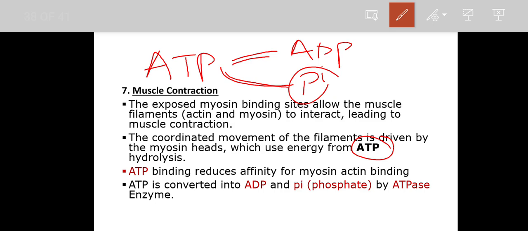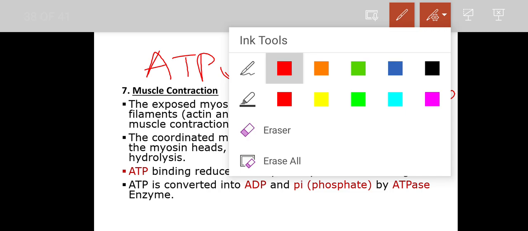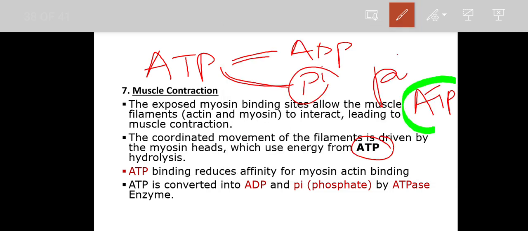So all these are important. We now have a phosphate and we have ATP, right? These had been hydrolyzed. So let's see what happens when ATP binds and when phosphate binds. We want to understand that. Now let's get these two, 1, 2. ATP binding reduces affinity for myosin actin binding.